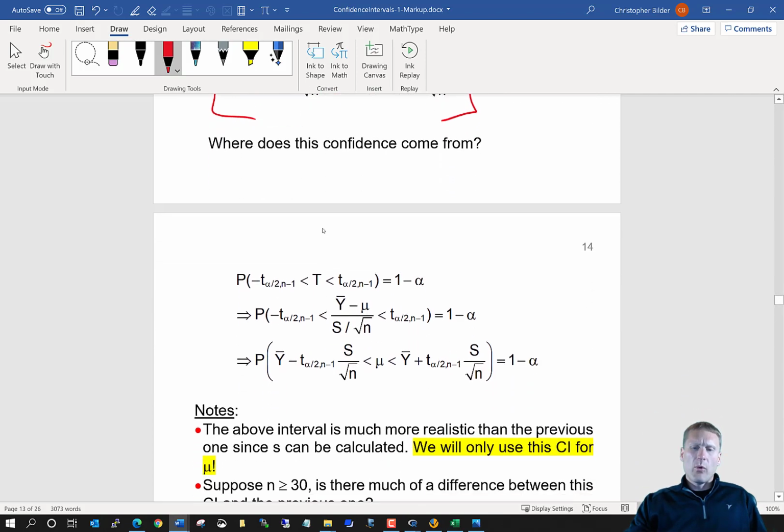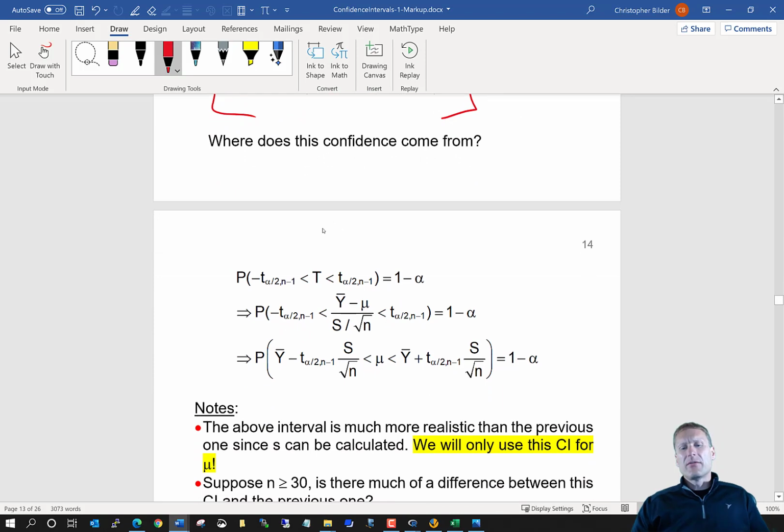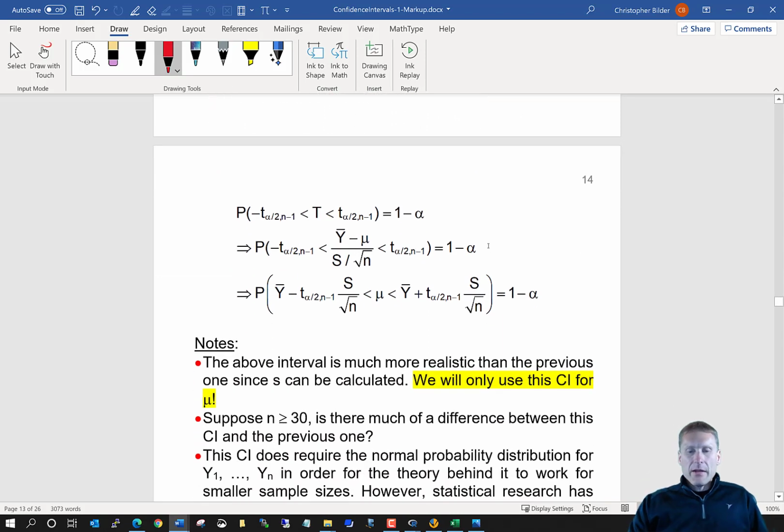Okay, so where does our confidence come from that this actually works? Similar to what we saw before, we can write this probability statement relative to a random variable t.